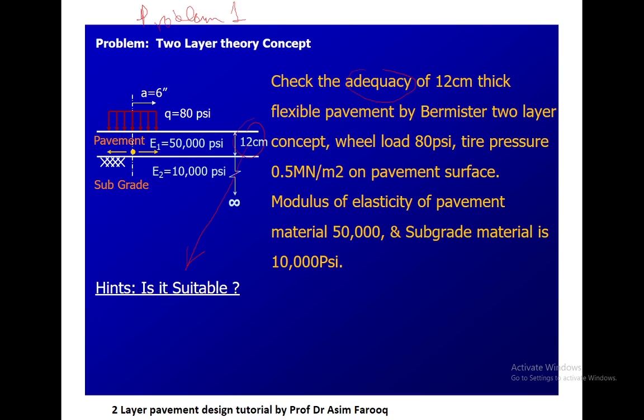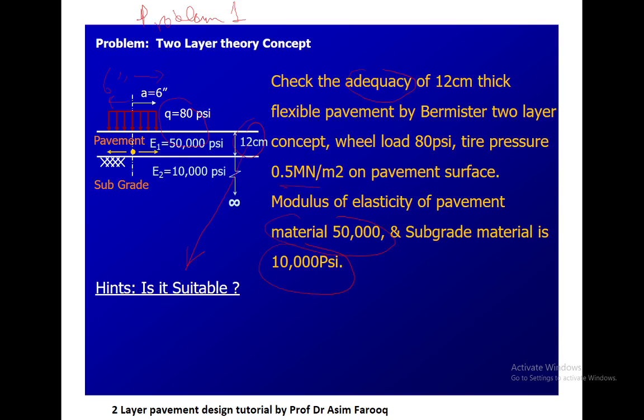We have a cyclic loading of 80 psi, and the radius on both sides from where the force is acting is 6 inches. The tire pressure is also given, while the elasticity of the pavement material at the base course level is given, as well as at the subgrade level.